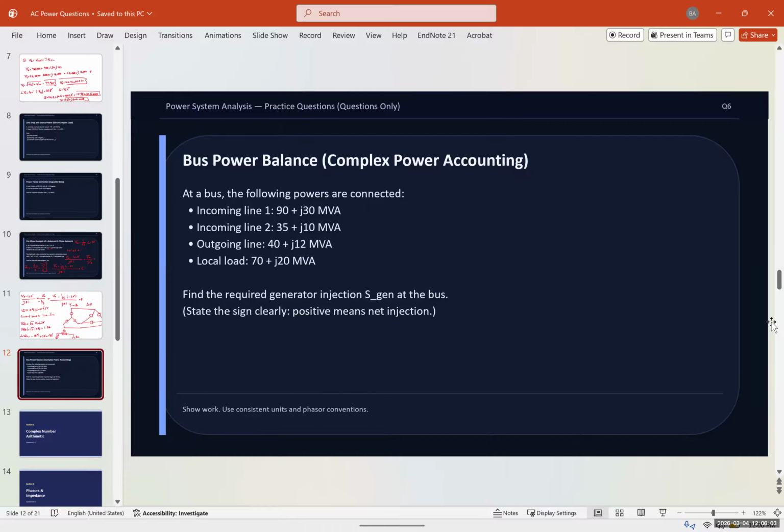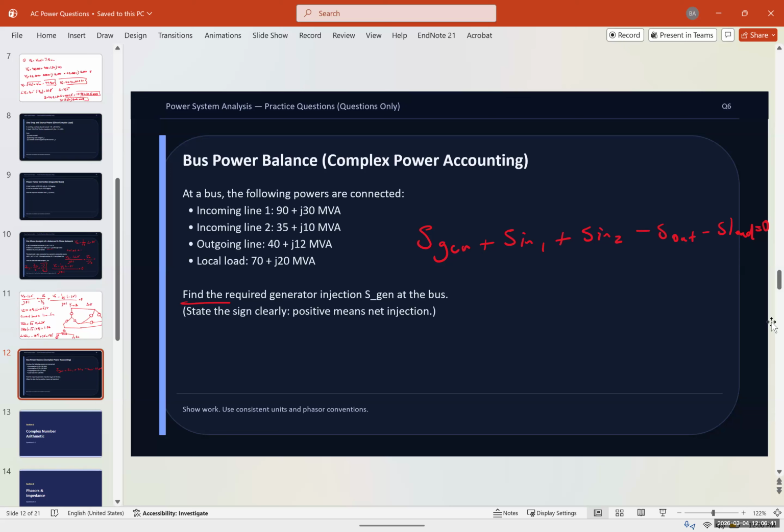So what we have to do, the generators are going to have positive power, the loads and also the output are going to have negative. And according to KCL and Kirchhoff's law, the summation of everything must be 0. So the generation plus input line number 1 plus input number 2 minus S out minus S load, all of that is going to be equal to 0.